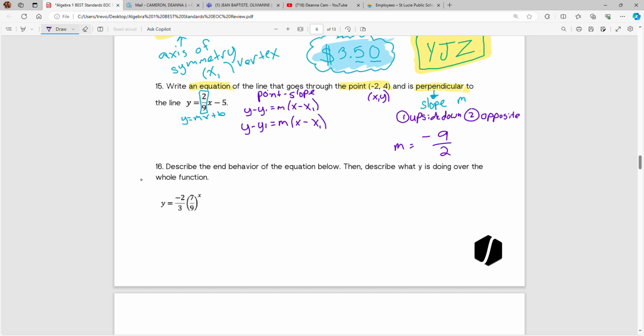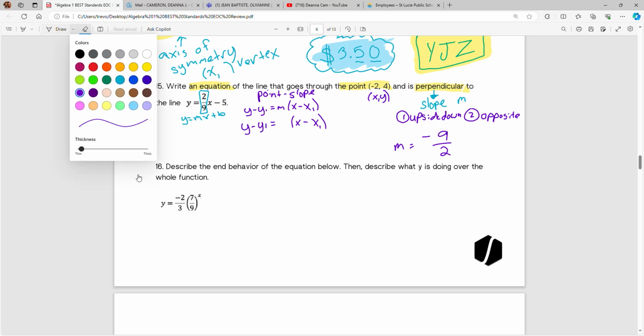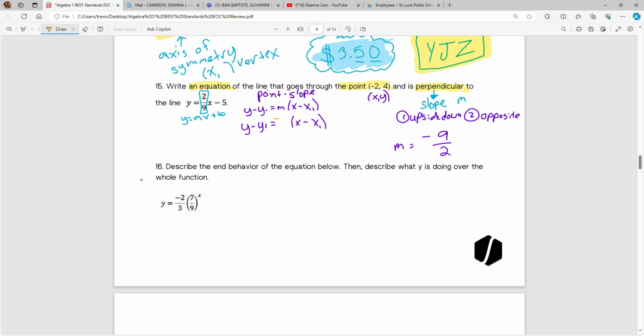And now I'm going to come in and erase. I'll erase my slope first. And our slope, we said, is negative 9/2. And then our x value here is negative 2.